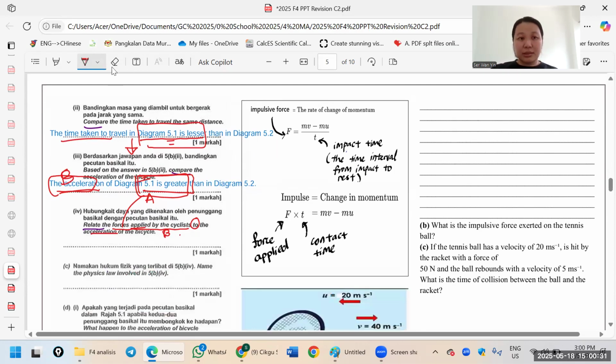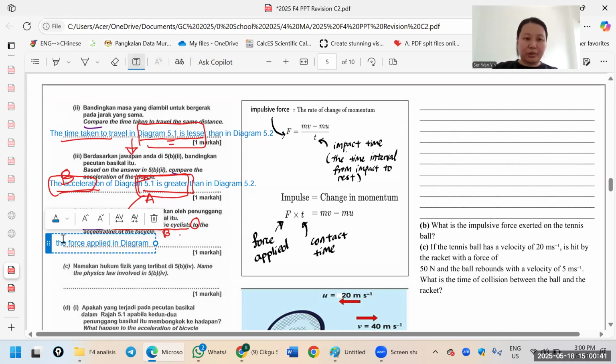So means the force applied in diagram, I'm sorry, see, I'm going to make a mistake.